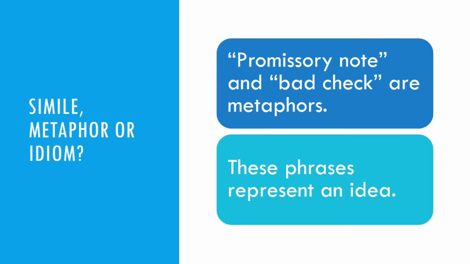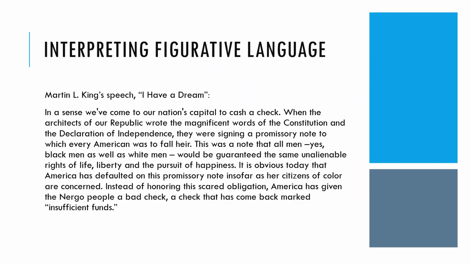They represent an idea. What idea is King trying to represent to us? So if we think about those phrases, promissory note and bad check, what they mean in relation to figurative language. Here is King's speech again, at least this paragraph again.